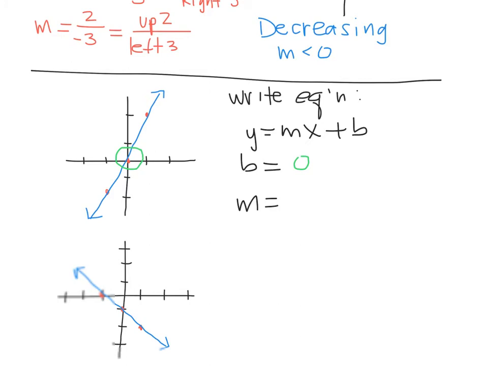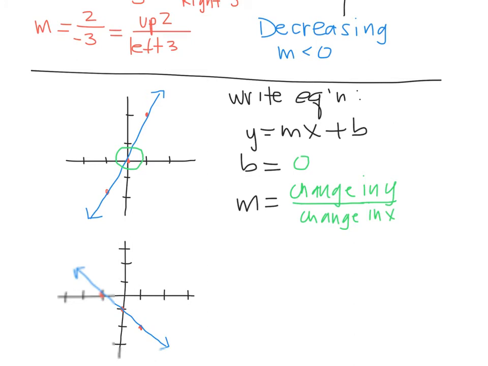All right, so we just want to remember that it is going to be the change in y over the change in x. So if we go from one point to the next, we just count the change in the number of units in y and in x.